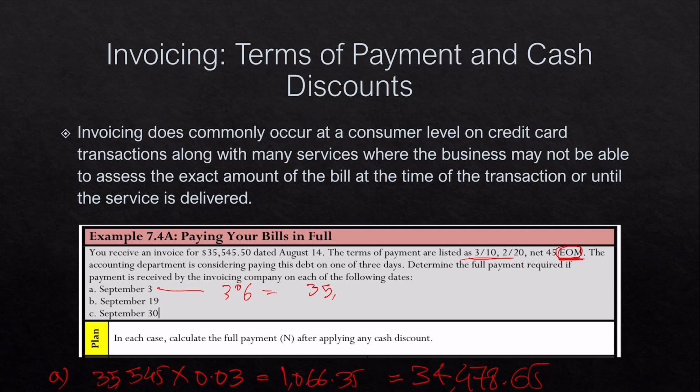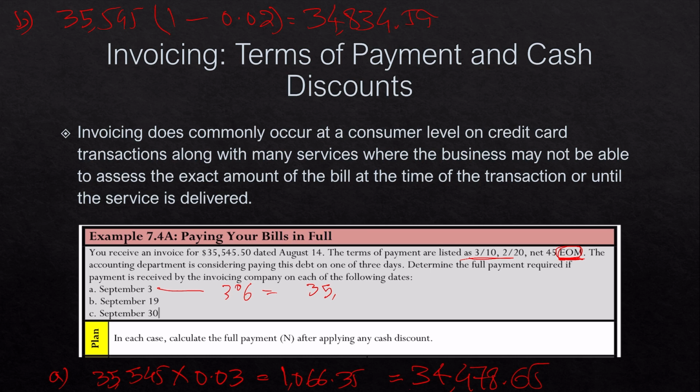If we are paying on September 19, we get a 2% discount, and we can apply this formula: 35,545.50 times (1 minus 0.02). You get the value, which is 34,834.59.